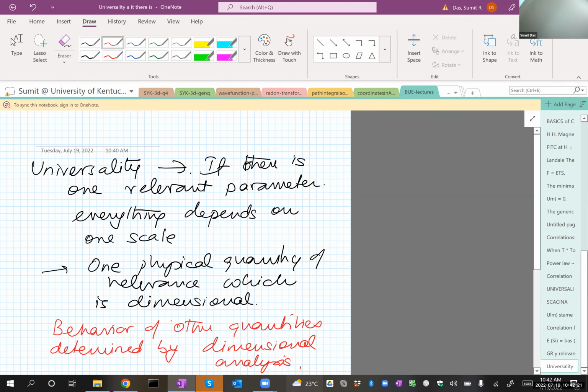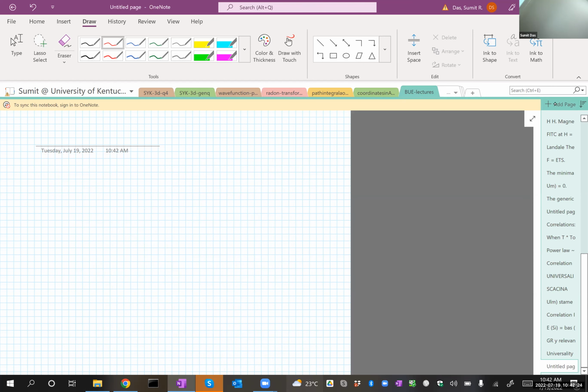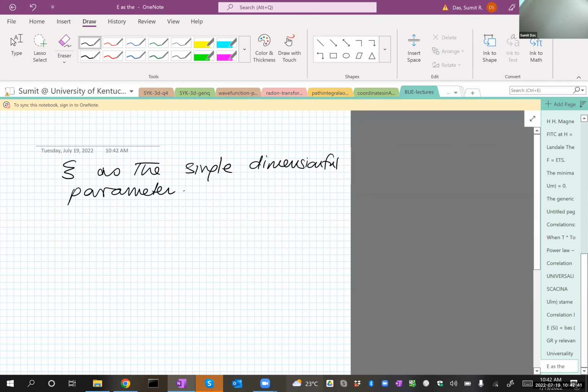So for example, in this case, it is convenient to choose xi as the single dimensionful parameter. And xi, for example, goes as the magnitude of T minus Tc raised to some number.